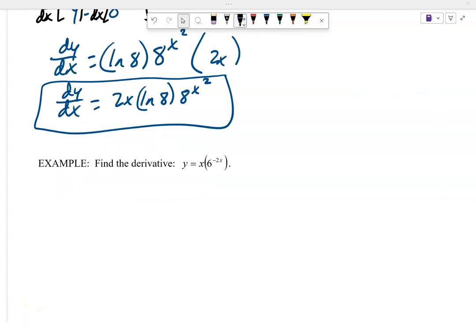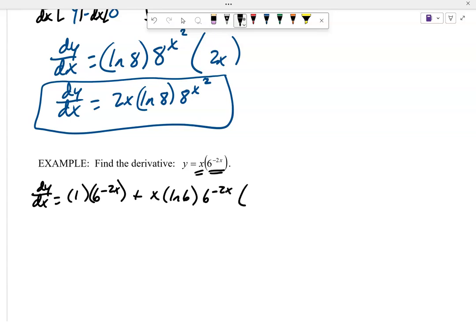Well, we've got the product rule here. That's my first one, that's my second one. I'm going to run my product rule. So dy dx will be the derivative of the first times the second plus the first times the derivative of the second. Now I'm going to take the derivative of that 6 to the negative 2x. So that'll be ln of 6 times 6 to the negative 2x, but I've got chain rule on that. The derivative of negative 2x is negative 2.